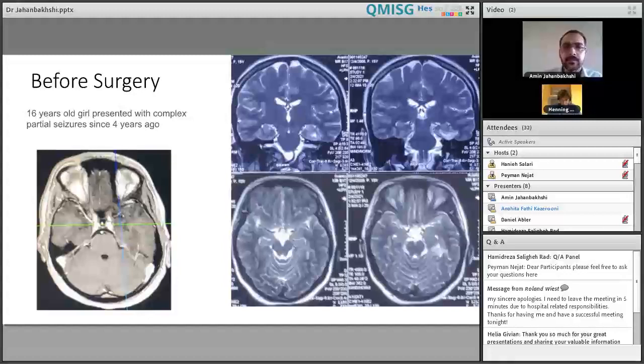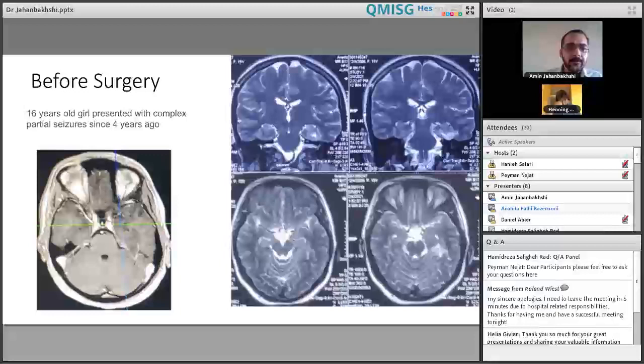That was a very shocking experience for me, that I was missing a glioblastoma. And I had another patient with very similar pathology that we performed epilepsy surgery because of low-grade glioma, and he referred to us after that with a glioblastoma.